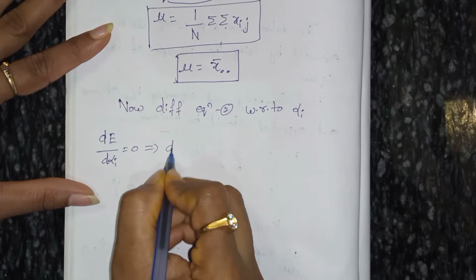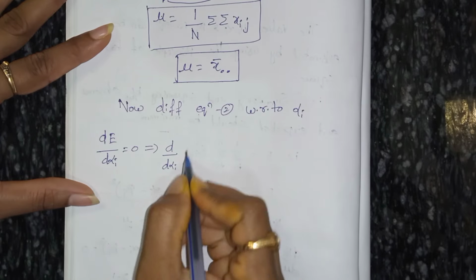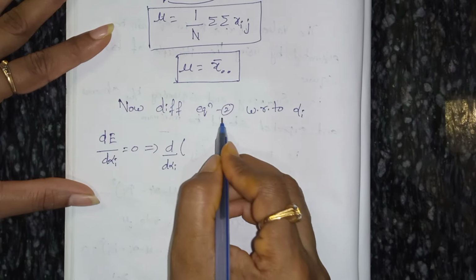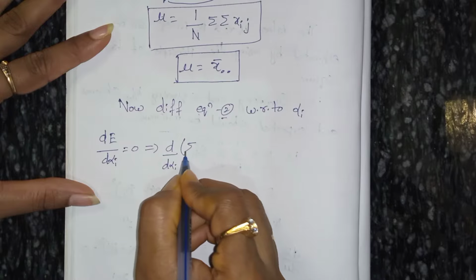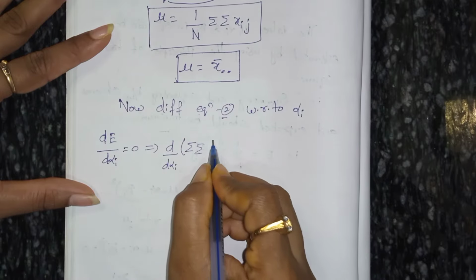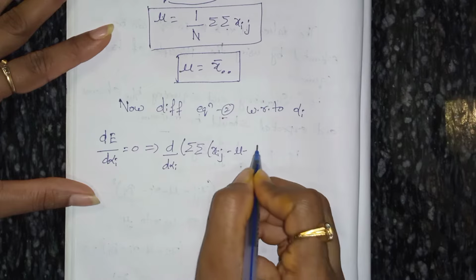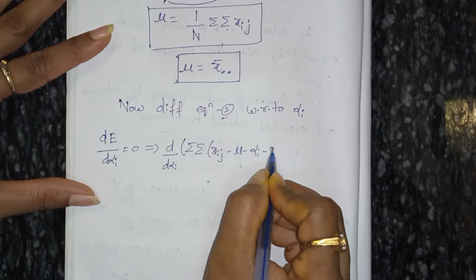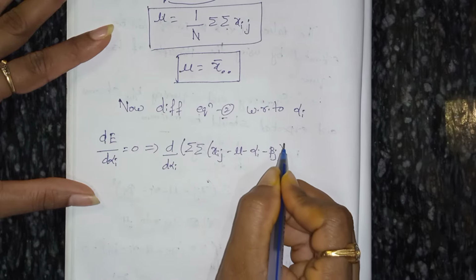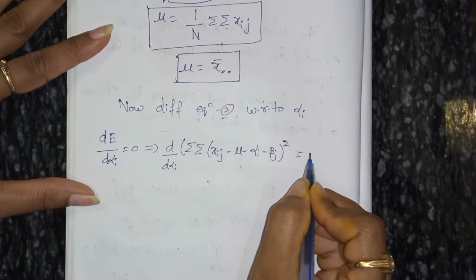That implies d by d alpha i, in place of E we have to keep equation 2, which is double summation xij minus mu minus alpha i minus beta j whole to the power of 2 equals what?